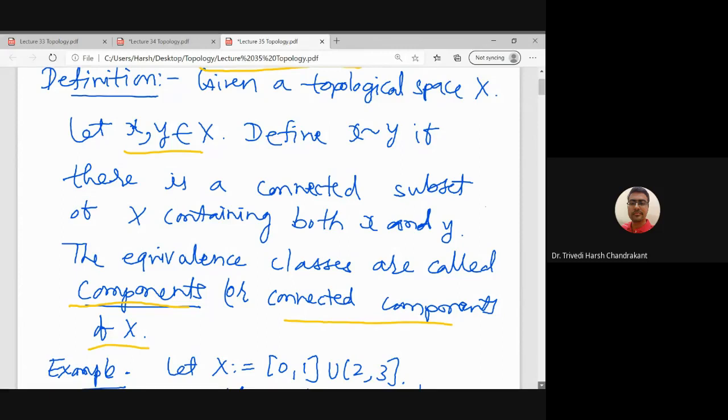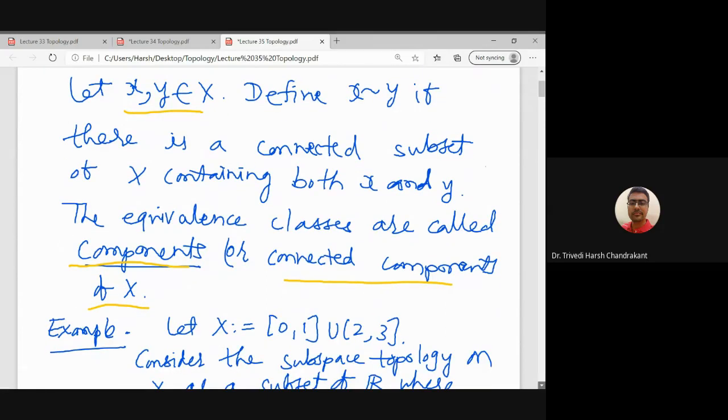So we will see that they are the largest connected subsets of X, and their union is the whole X. The first simple example is X equal to the closed interval 0 to 1 union the half-open interval 2 to 3, that is, closed 0 to closed 1, and open 2 to closed 3.